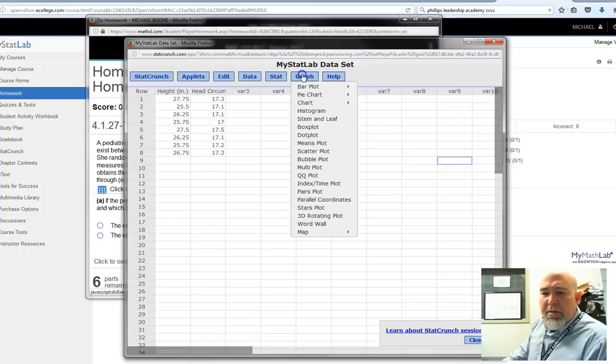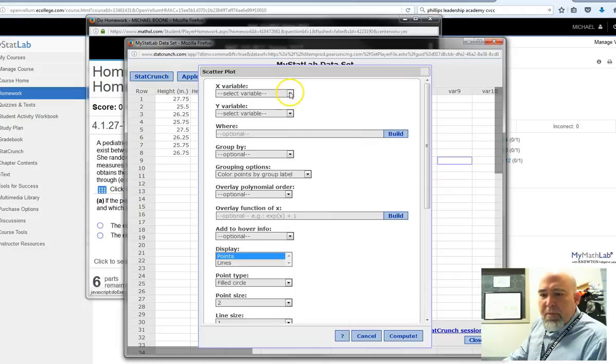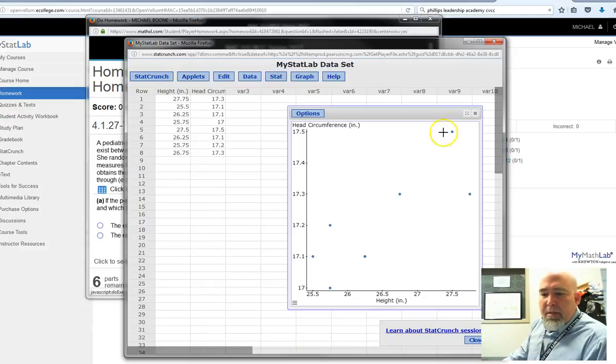I could do a quick graph, a scatter plot. My X variable is heights, my Y variable is head circumference, and let's compute that. We see it's maybe positive, it looks like it's going up.